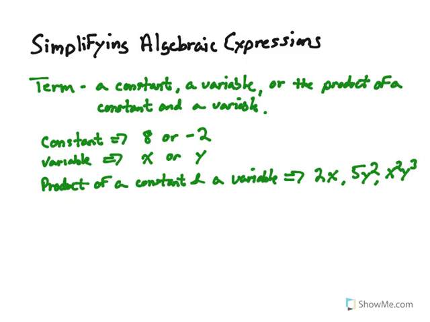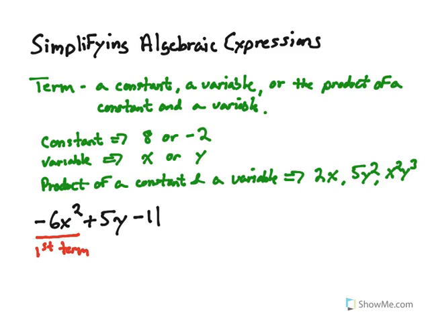So if I give you a polynomial, let's say I give you -6x squared plus 5y minus 11, then you're going to say, okay, this is the first term, -6x squared.